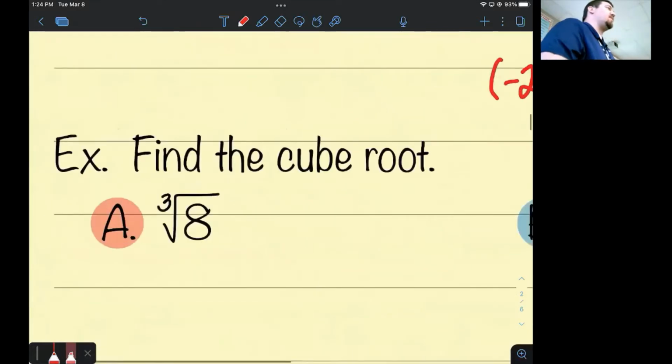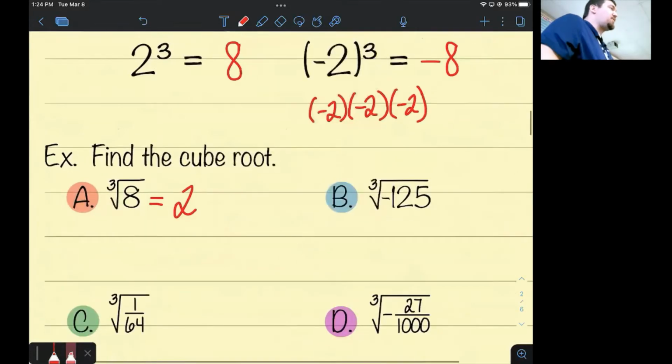Speaking of the cube root of 8, that would be what? 2. Yeah. What about the cube root of negative 125?